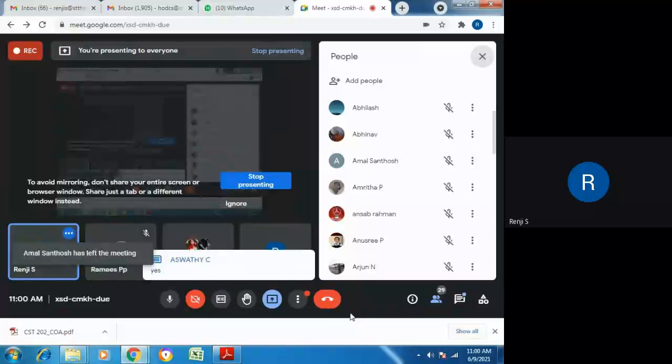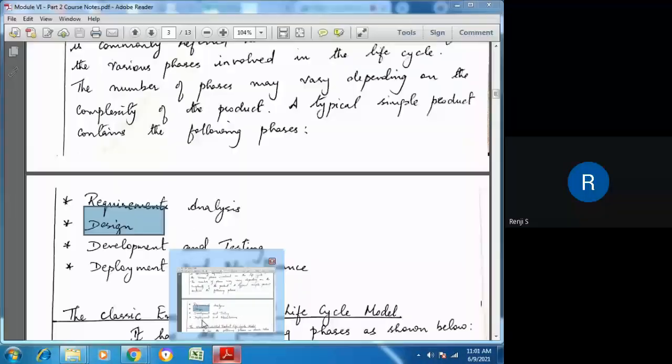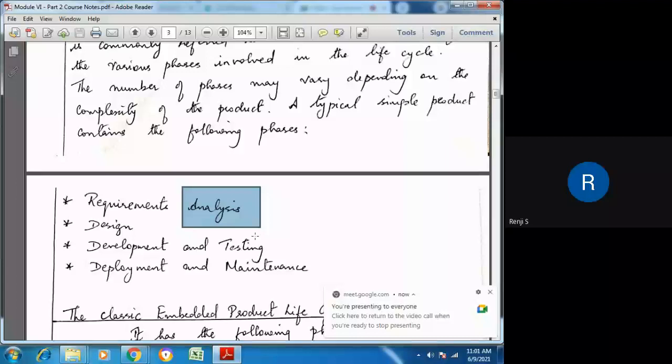Yes, so when you develop your system, you should decide what to do first, and that procedure, deciding what to do, comes in analysis. And when you're deciding what to do, you have to consider the requirements. What to do means the requirements of your system, and requirements can be of two types: functional requirements and non-functional requirements.